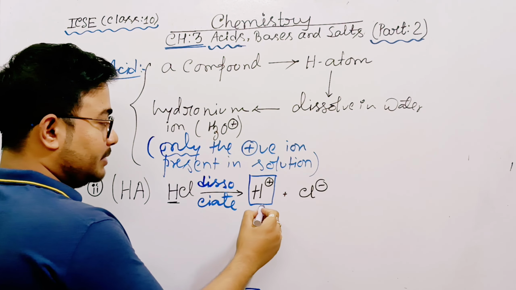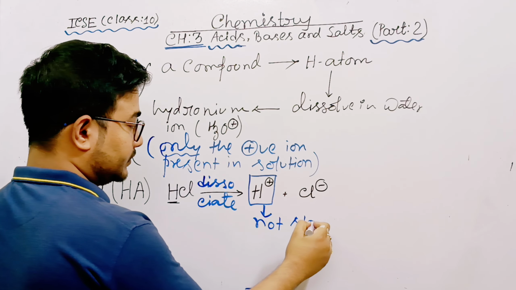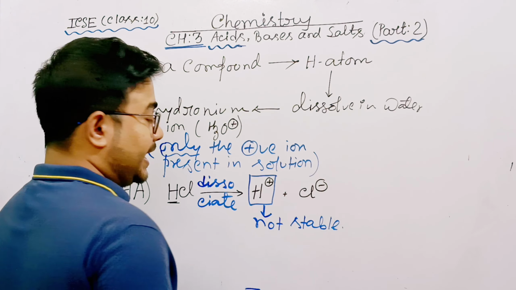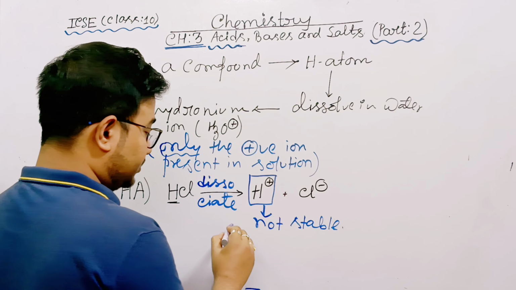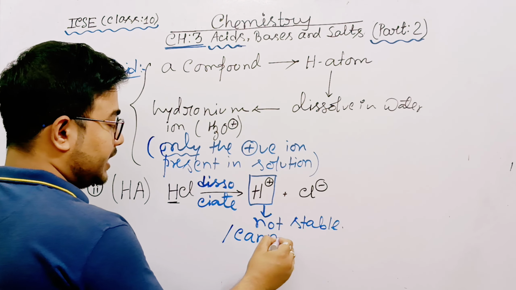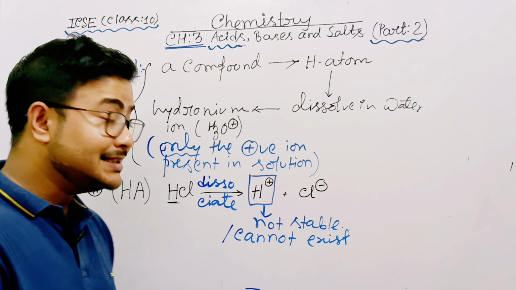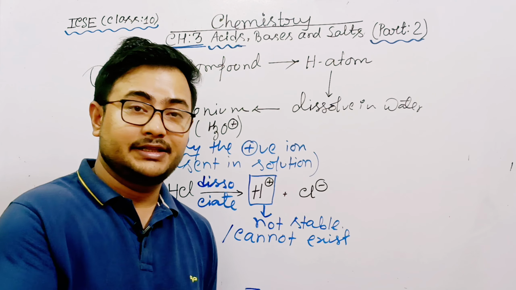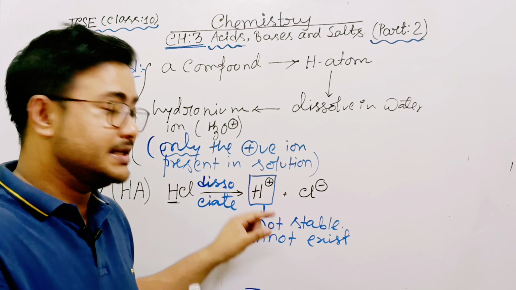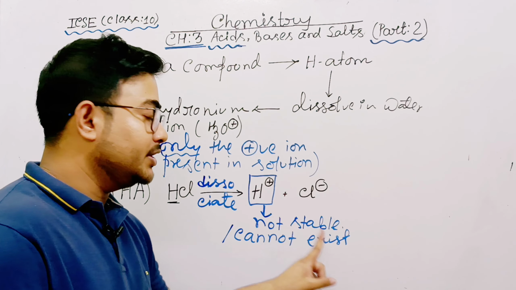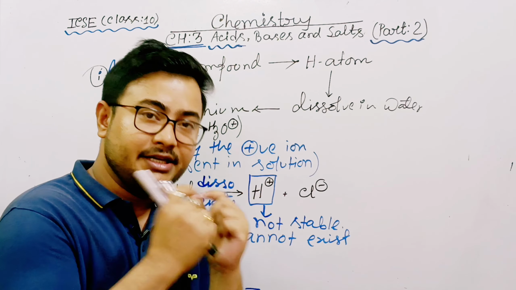But the main problem is that it is not stable, and it cannot exist independently. That is, as a single ion, it cannot exist. Do you understand? Single ion it cannot exist.